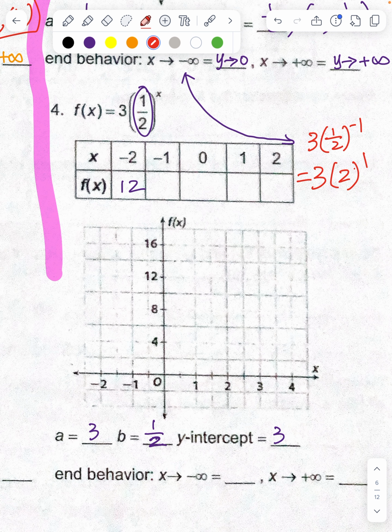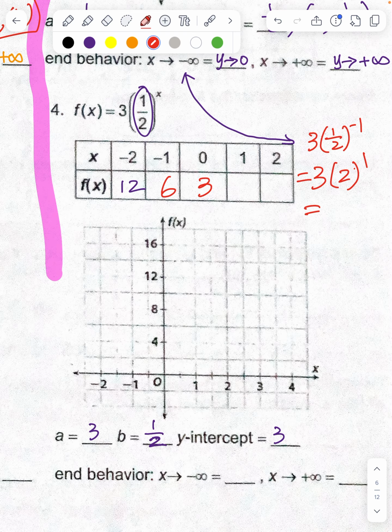And the positive power: any number raised to the first power is just itself. Still 2. 2 times 3 is 6. And then power of 0. 1/2 raised to the 0 power is 1. 1 times 3 is 3.